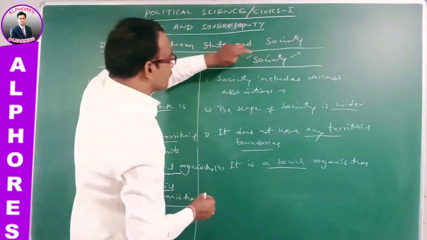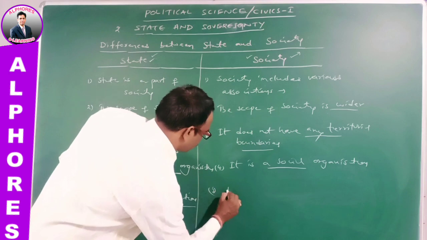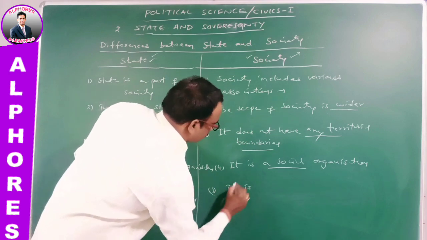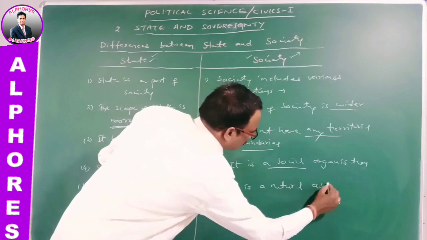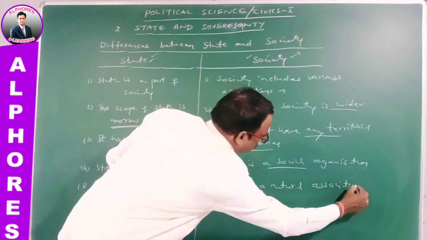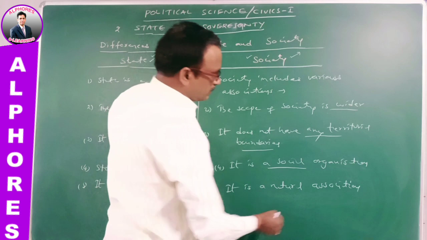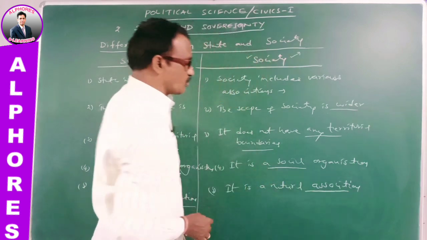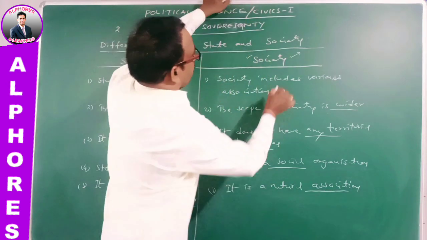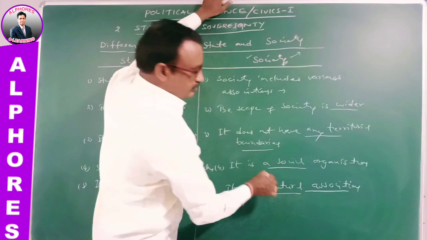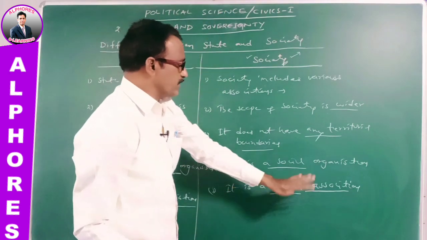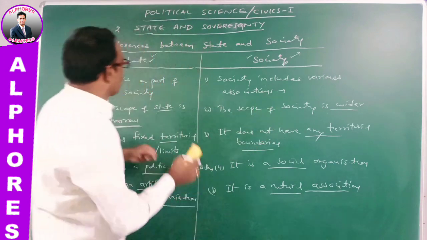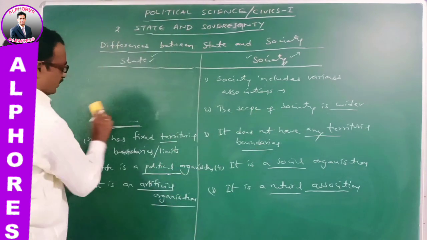Whereas society is a natural association, a natural organization or natural institution, because it is formed by nature. Hence it is a natural association. And some more differences.